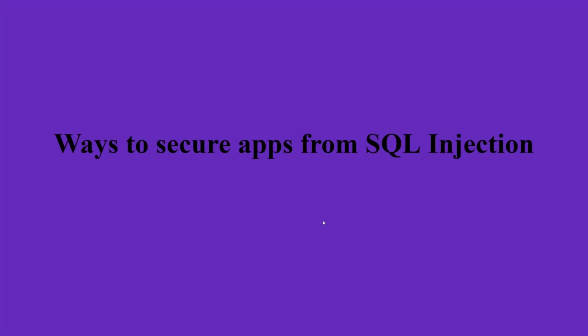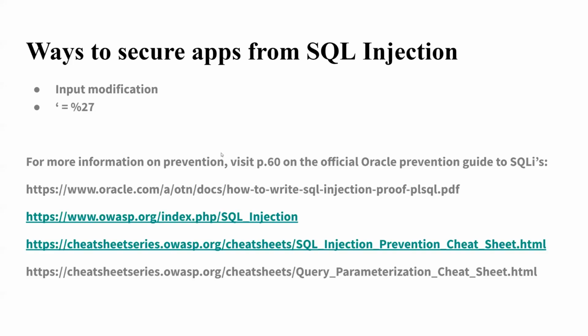Some ways to secure apps from SQL injection, like input modification. Are null strings allowed? And if they are allowed, how can it be ensured that a null parameter doesn't default to a standardized path, like, for example, logging in as guest, or feedback statements to the user, that those fields that they entered the null strings in should contain meaningful values, and that should be applied to empty strings as well, since they're essentially the same.